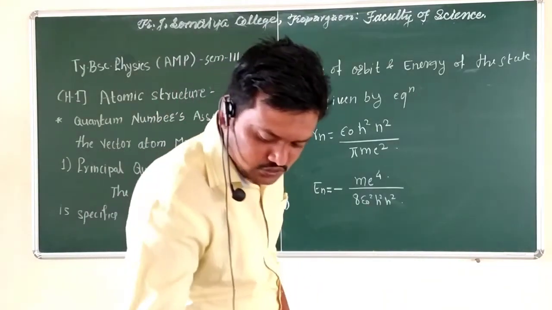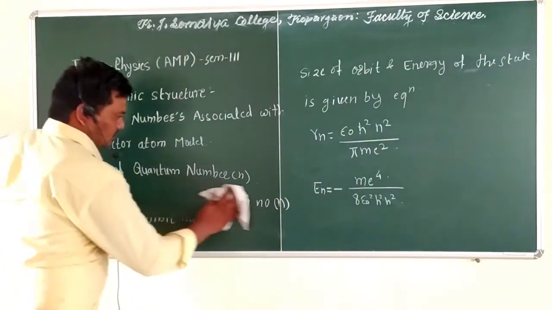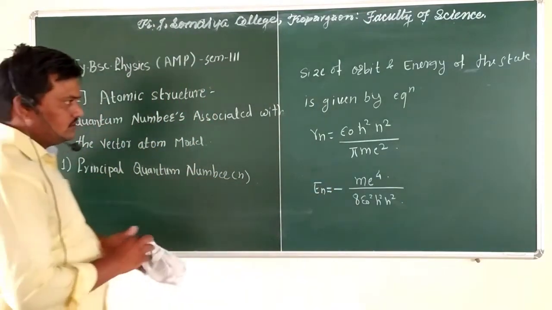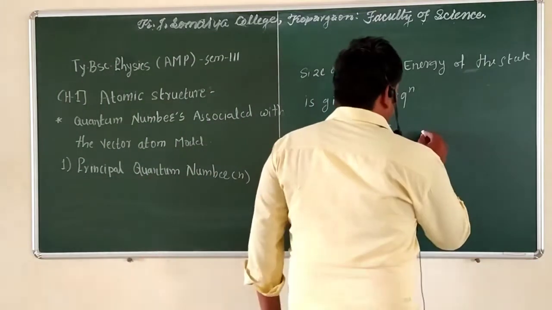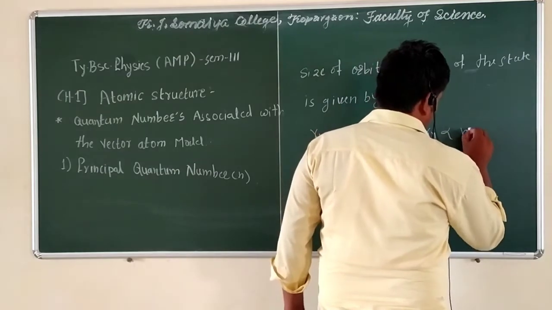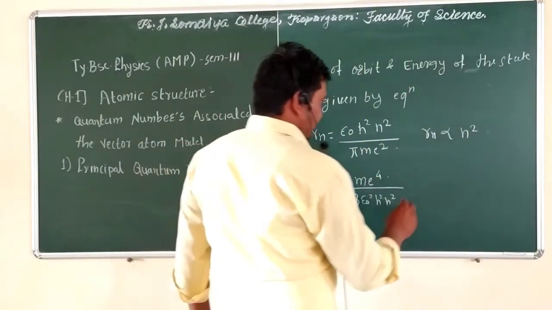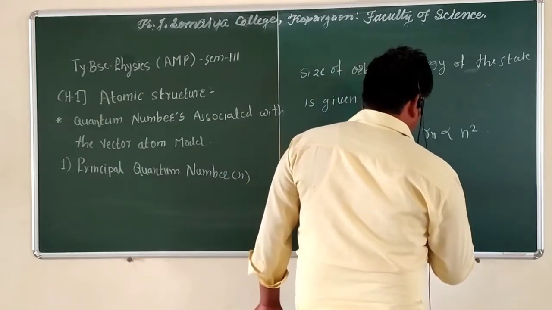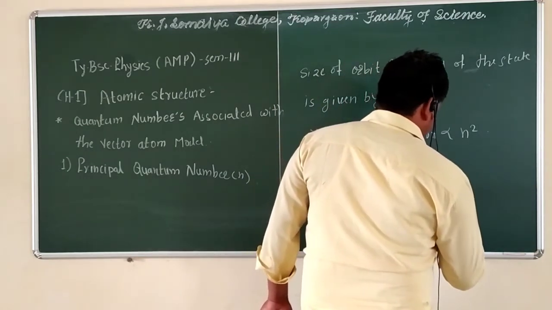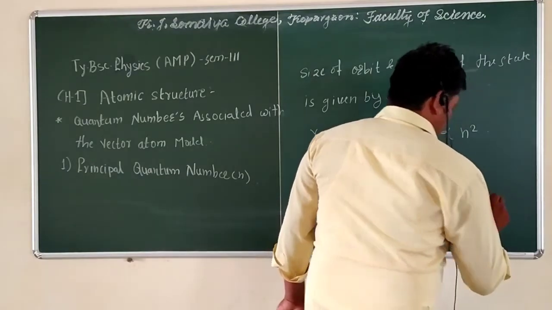These two equations indicate that Rn is directly proportional to n square, and En is inversely proportional to n square.